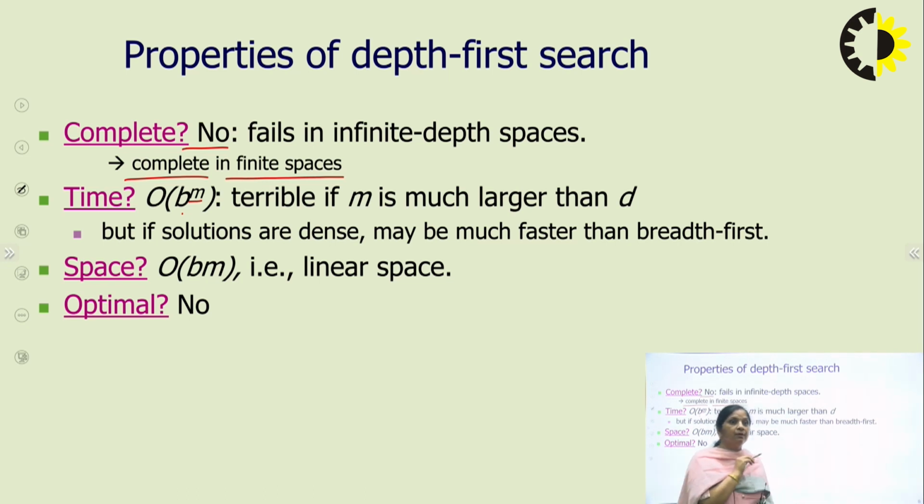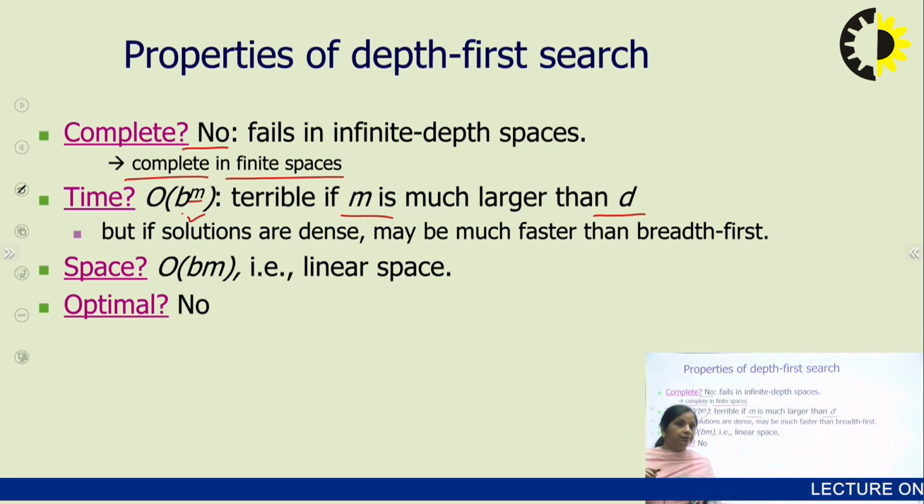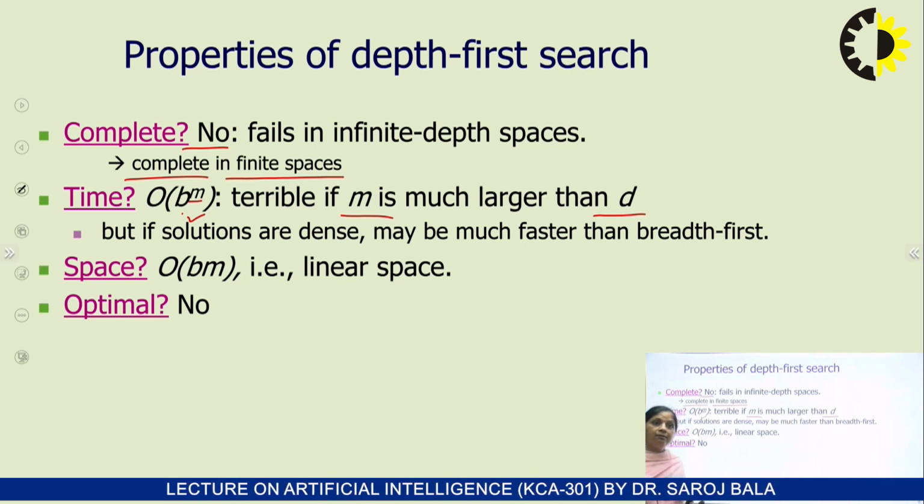So here it is taking more time, and it becomes a problem when the maximum possible depth is much larger than the depth of the shallowest, nearest solution. Okay, and it works very well when the solutions are very dense. It means many solutions exist and they are very near. Then it becomes much faster than breadth first search in that type of situation.